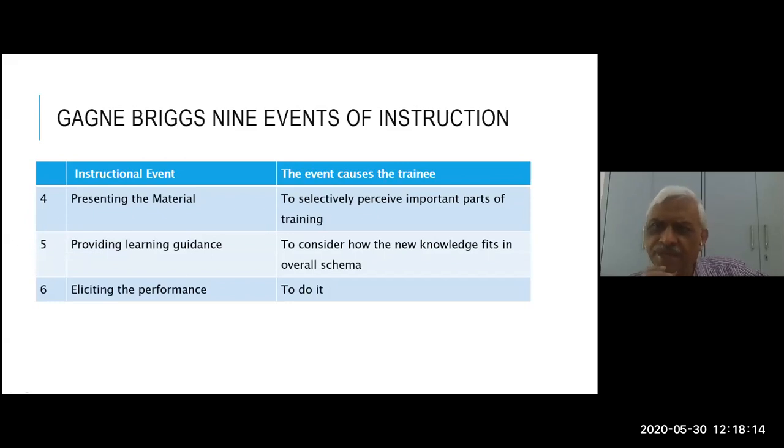Many times it can be a role play, or some sort of writing about how I am going to use it. Or maybe a specific situation where they have to make a choice, and they will be able to show by making the correct choice that they have really understood it. That's the type of performance we are really looking at.